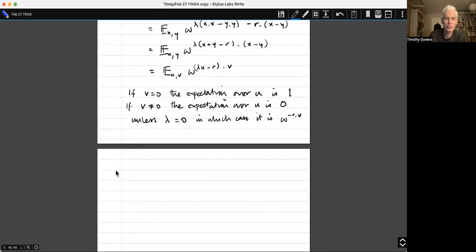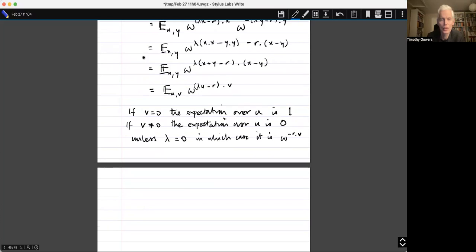And now I wonder whether it's better to do it the other way around. But I'll leave it like that. So if lambda does not equal 0, then I'm wondering whether I really want to switch it around to the other way.